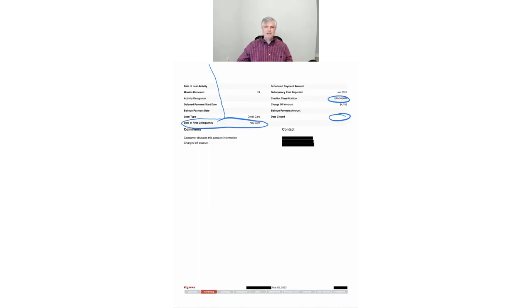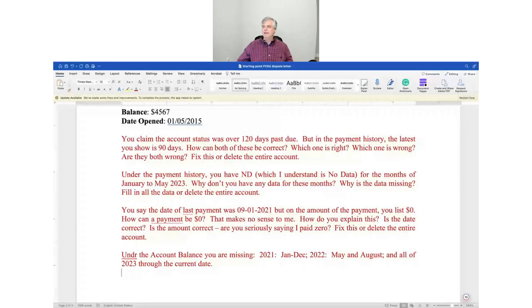So going back to our screen, we would say you say the date of first delinquency is November of 2021. Again, my M key for whatever reason here is not doing so great.